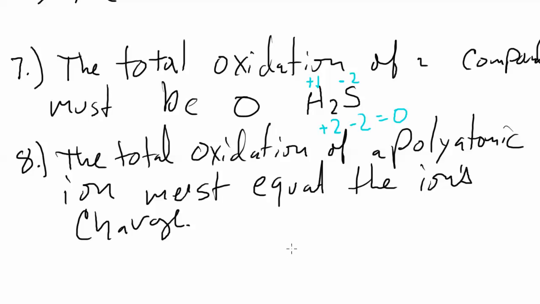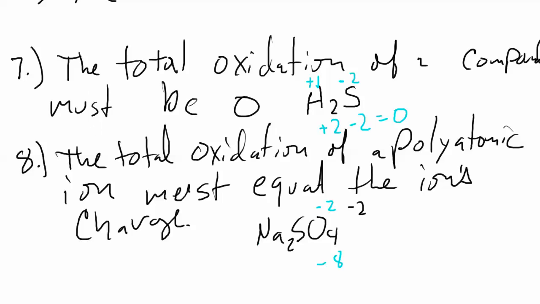Now let's say I have sodium sulfate. We know oxygen's always -2 unless it's a peroxide, so that gets us -8. The charge of the sulfate is -2. So I need something that, combined with -8, gives me -2.